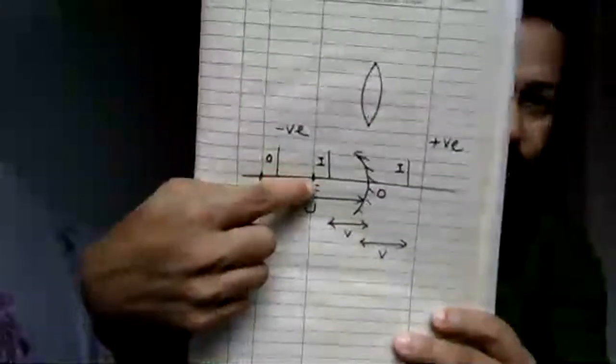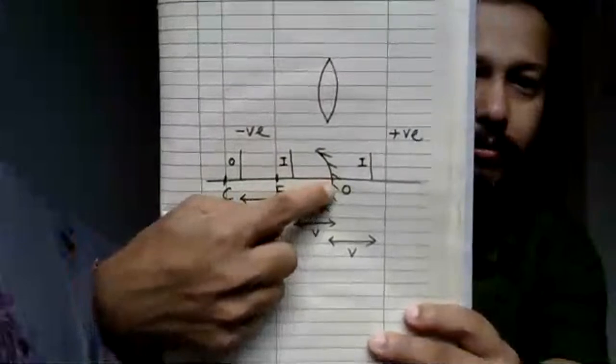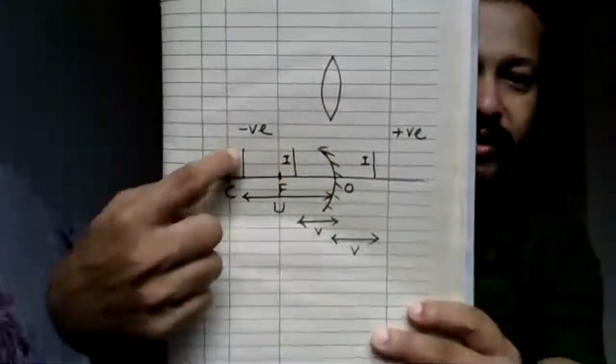Image distance in bracket you write v equal to negative. Okay, if this is the image, then see, image distance is negative because it is on the negative side.